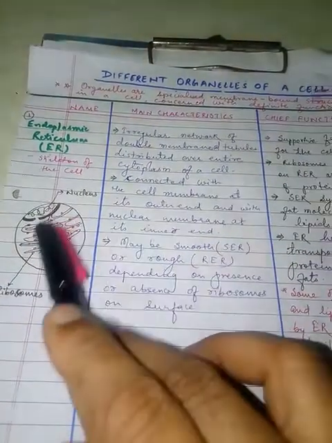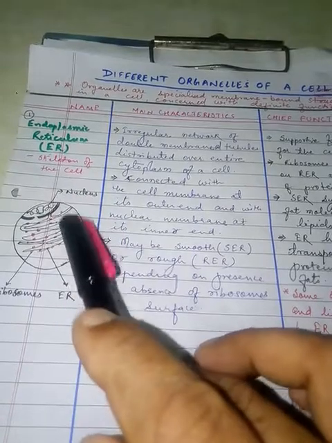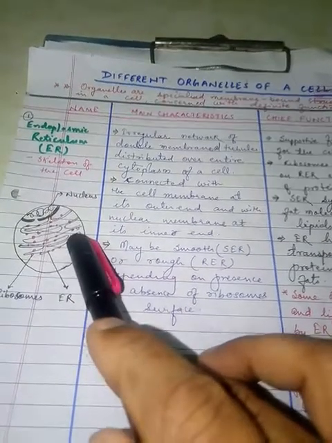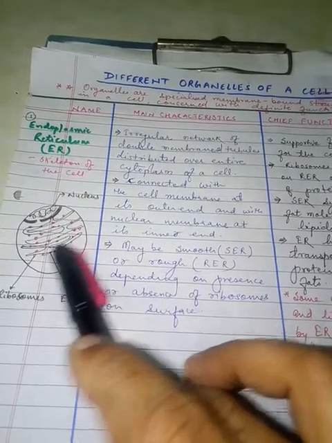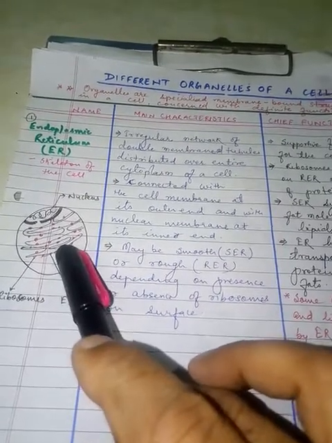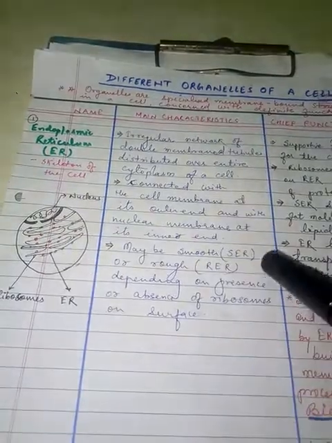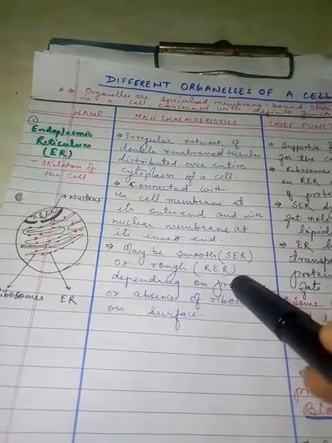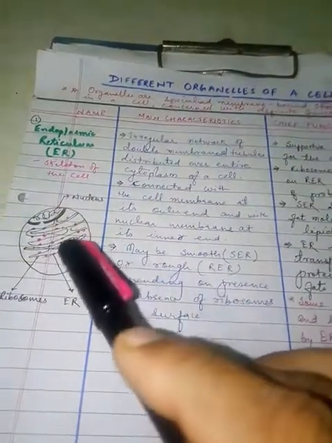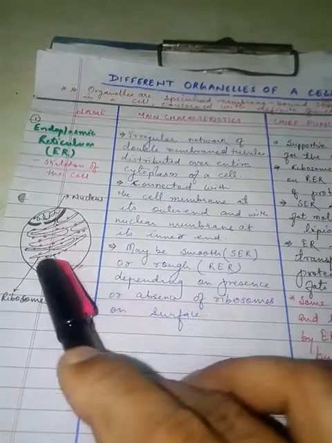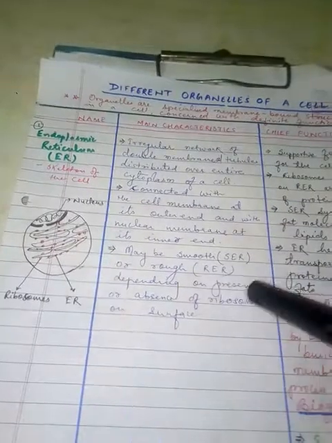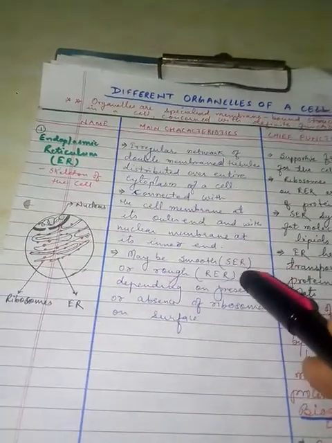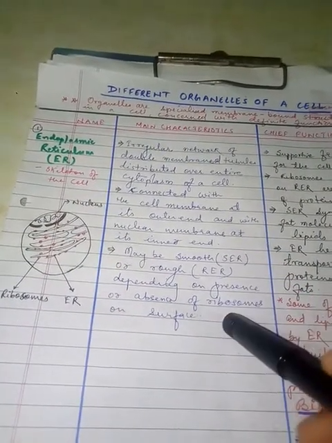When you will observe this endoplasmic reticulum under microscope, you'll find its surface very rough. You'll observe very rough surface over here. So it is called as rough endoplasmic reticulum. And if the ribosomes are not present on the endoplasmic reticulum, it will appear smooth. So it will be called as smooth endoplasmic reticulum.